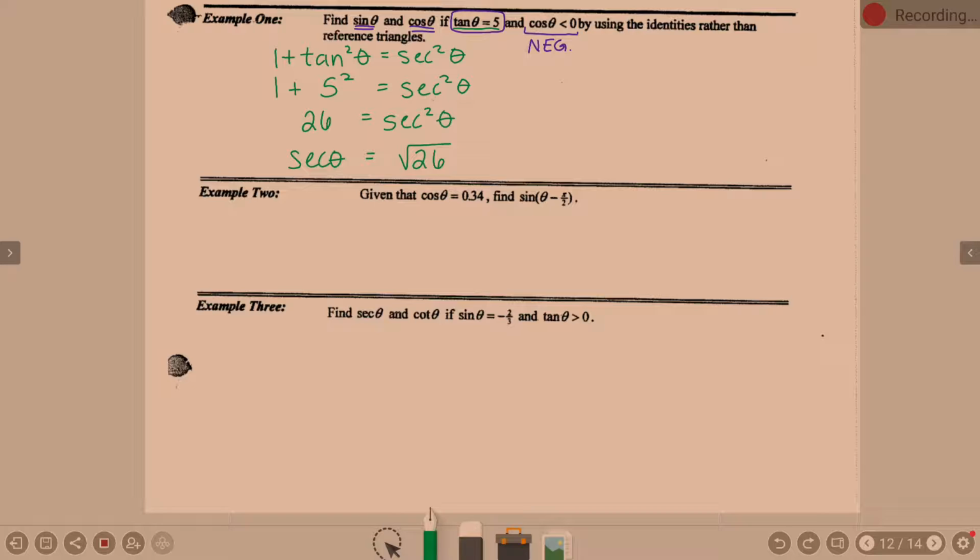Officially, I just took the square root in an equation setting. So officially, we have to consider plus or minus. Now, I'm going to claim I know whether it's positive square root of 26 or negative square root of 26. What tells me in this particular problem whether it's positive or negative?